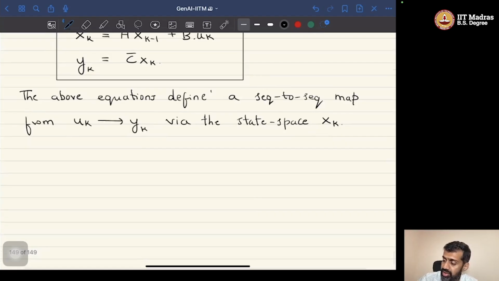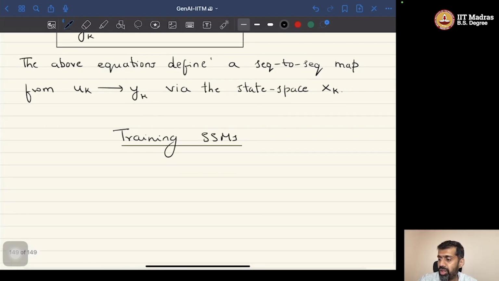So let's write training discrete SSMs. The question is, how does one train SSMs given data? Okay.